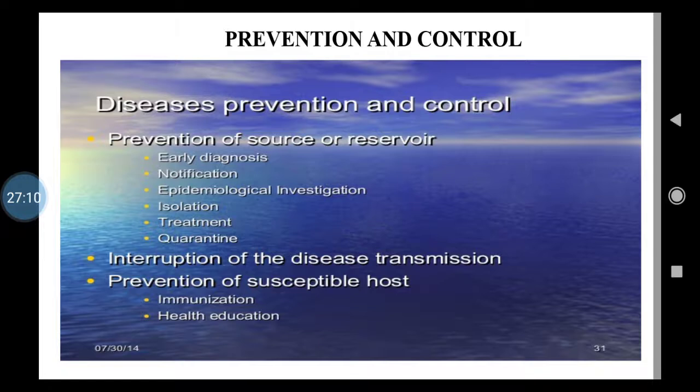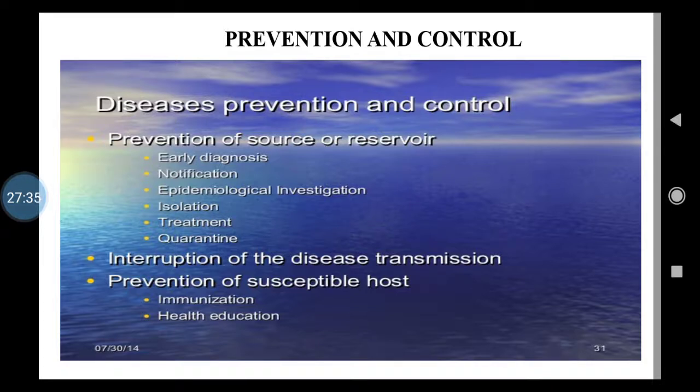Many diseases are highly communicable and they must be notified to health authorities, who will take proper measures to control the disease. Then next is epidemiological investigation. We have seen the various methods of epidemiological studies, and accordingly descriptive studies can be carried out.